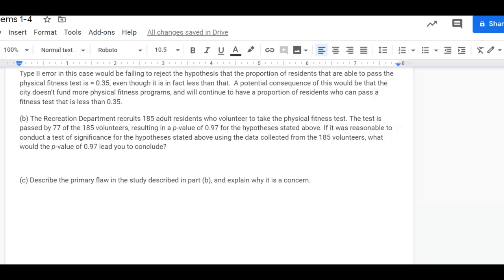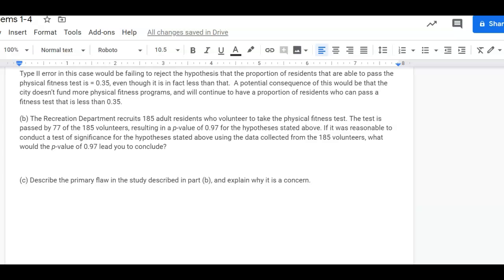Letter B. The Recreation Department recruits 185 adult residents who volunteer to take the physical fitness test. The test is passed by 77 out of the 185 volunteers, resulting in a p-value of 0.97 for the hypothesis stated above.